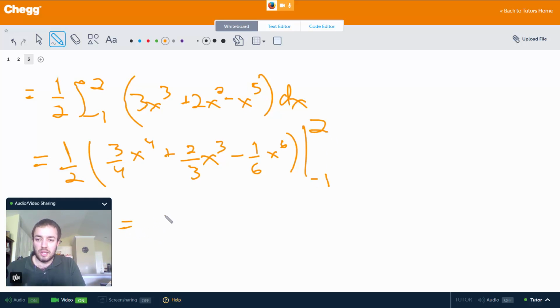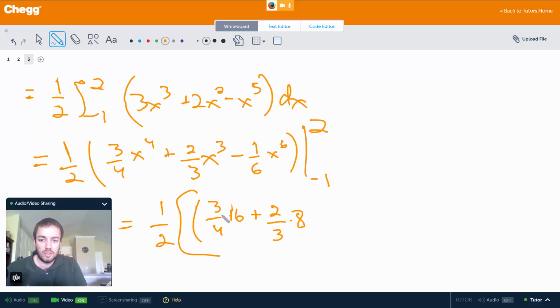So that's going to be 1/2 times 3/4 times 2 to the 4th, and 2 to the 4th is 16, and then plus 2/3 times 2 cubed. 2 cubed is 8. And then we have minus 1/6 times 2 to the 6th, and 2 to the 6th is 64. And then we're subtracting and then evaluating at -1.